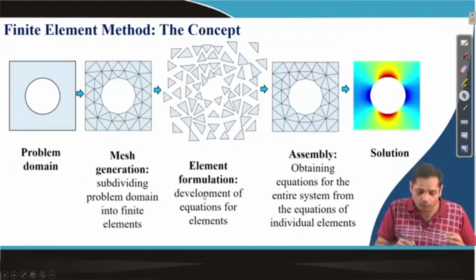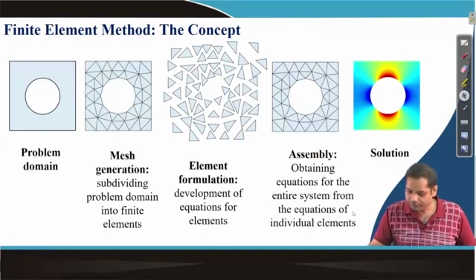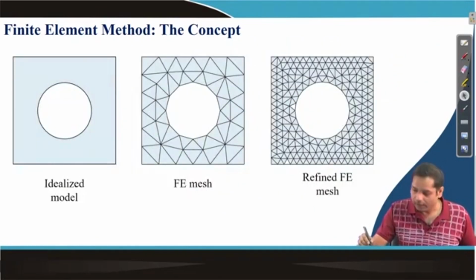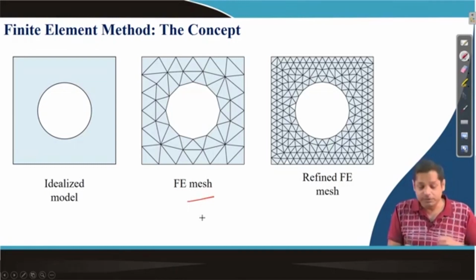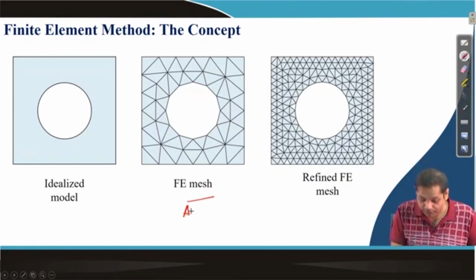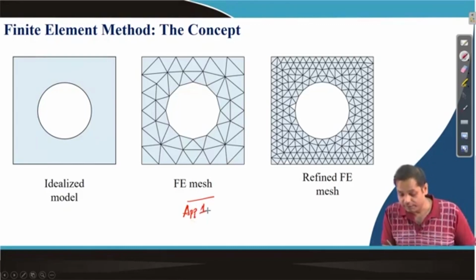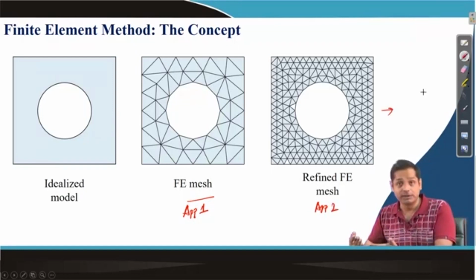And so once you solve, you get an approximate solution for this, say approximation 1. You can then refine the mesh, you get approximation 2. You can further refine the mesh, and you get approximation 3, and so on.